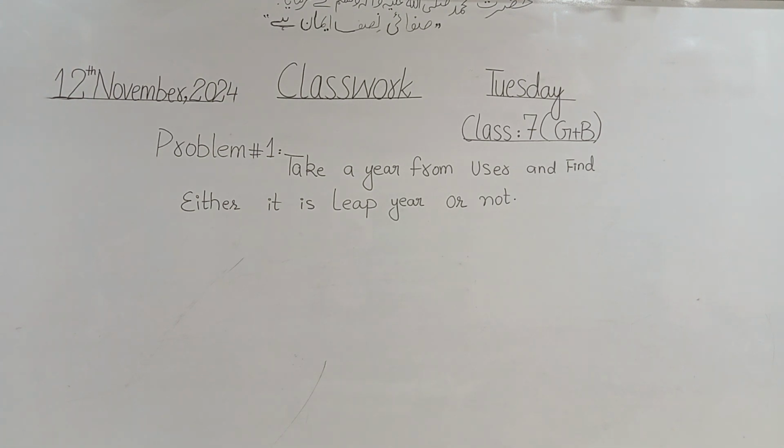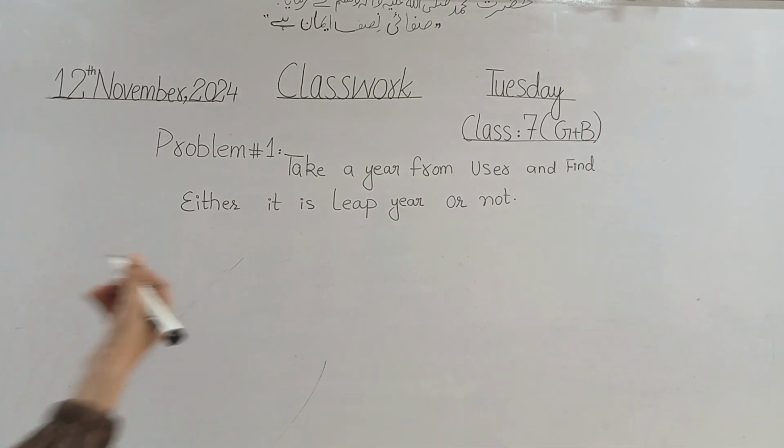Hania, please tell me what is a leap year? Think about it. Yes, leap year is a year that is exactly divisible by 4 and gives us a remainder 0.